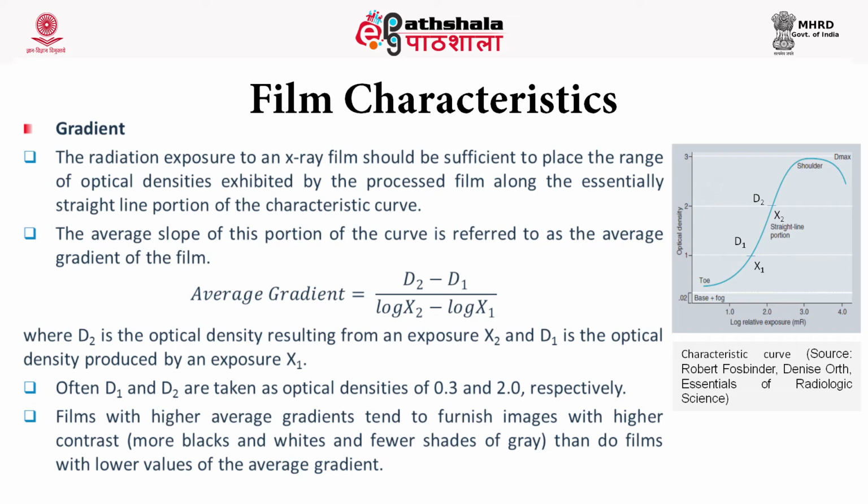Often the D1 and D2 values as shown in the curve are taken as optical densities of 0.3 and 2 respectively. Films with higher average gradients tend to furnish images with higher contrast, that is more blacks and whites and fewer shades of grey, than do films with lower values of the average gradient.